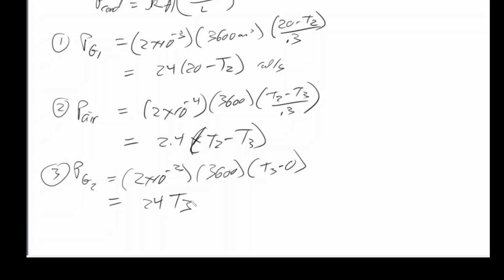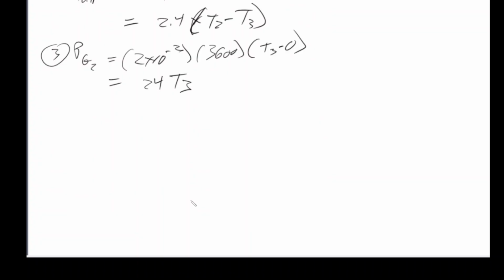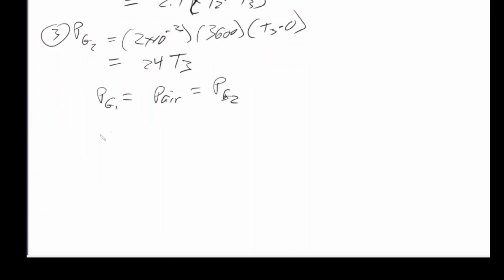So now we know our conductivity through our 3 sections. And we know that the conductivity has to be the same through all of them. In other words, Pg1 has to equal P of air, has to equal the conductivity of Pg2. So let's put these down.